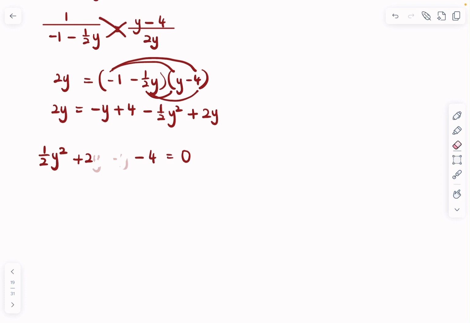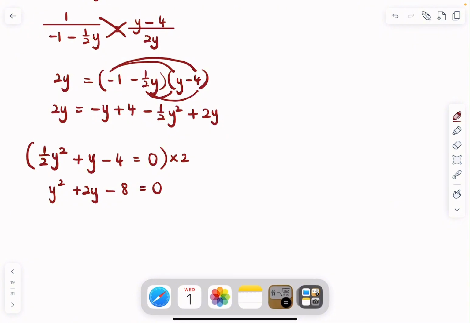So this one we can just write y. Done. From here, you want to factorize the whole thing. We can get rid of the denominator. We times 2, so we'll get y square plus 2y minus 8 is 0.